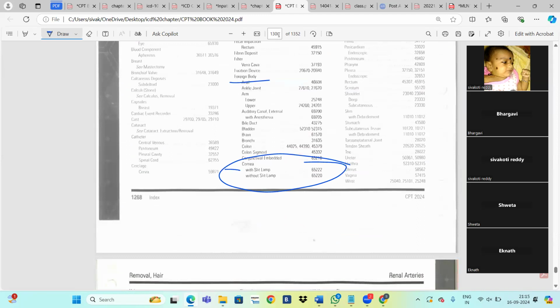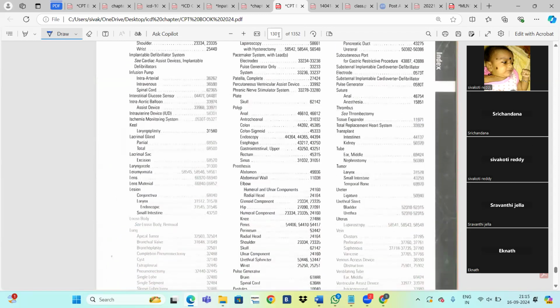With the slit lamp, they removed foreign body in the cornea. What is the procedure? 65322. If they perform without slit lamp, 65220. Okay, like that. Okay, clear, right? How to use the CPT index. Now you get understood, no?